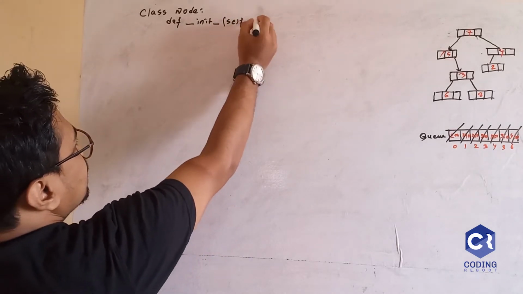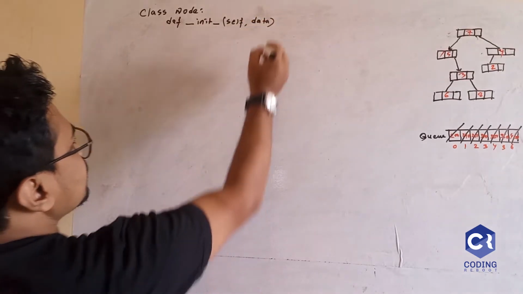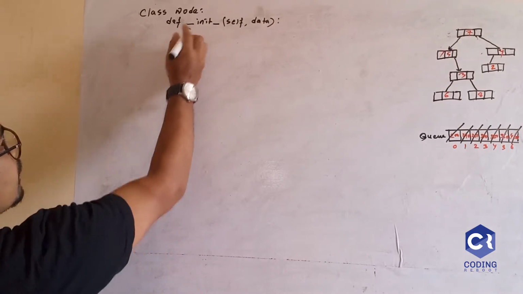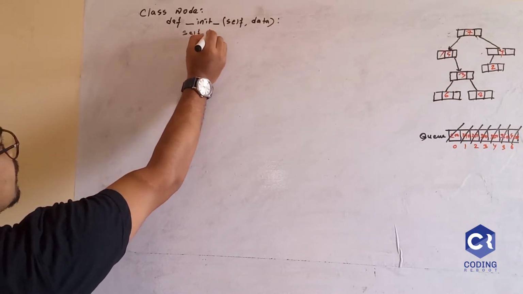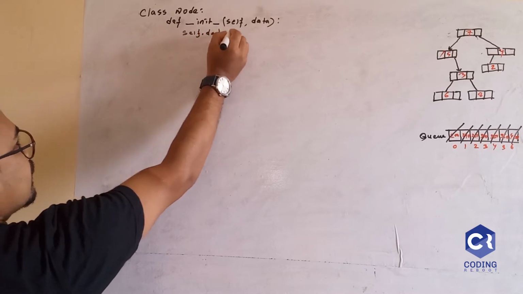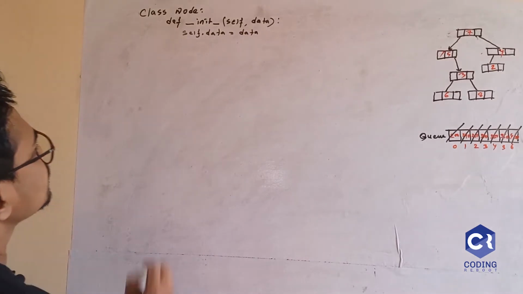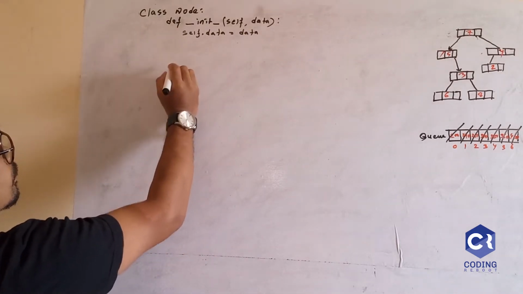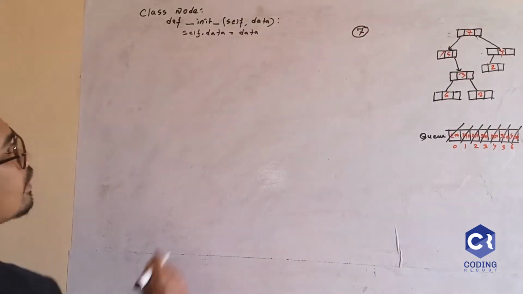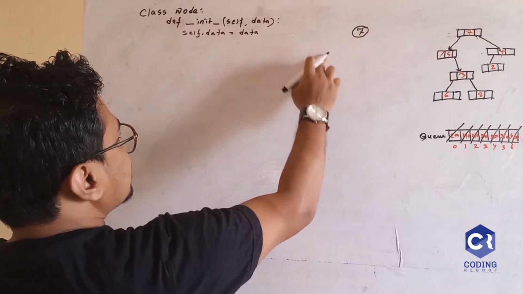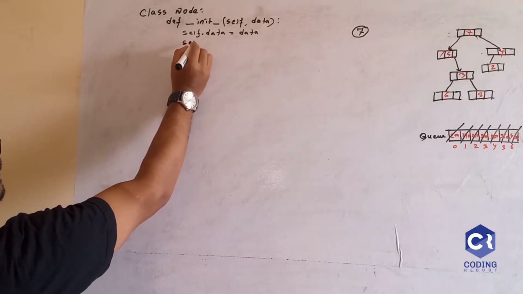Self and data, and we are going to initialize them as self.data is equal to data. Suppose this is the data. Initially the left side and right side will be none, so we have to initialize them.